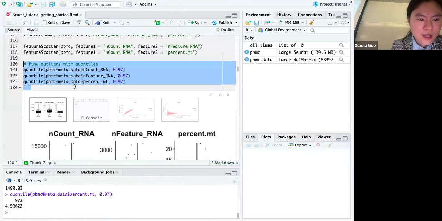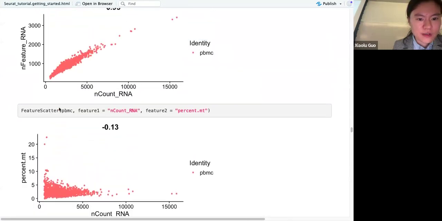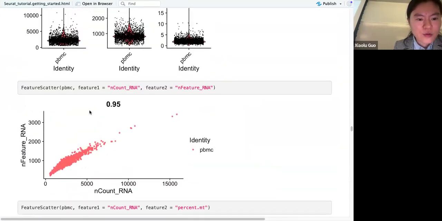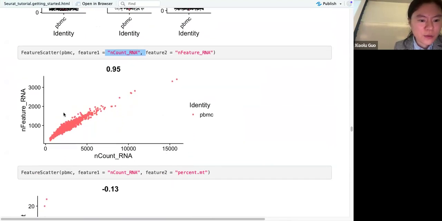And the next one we can explore is this scatter plot, where we can plot these features together. For example, here we're plotting the UMI counts and the feature counts for each cell.